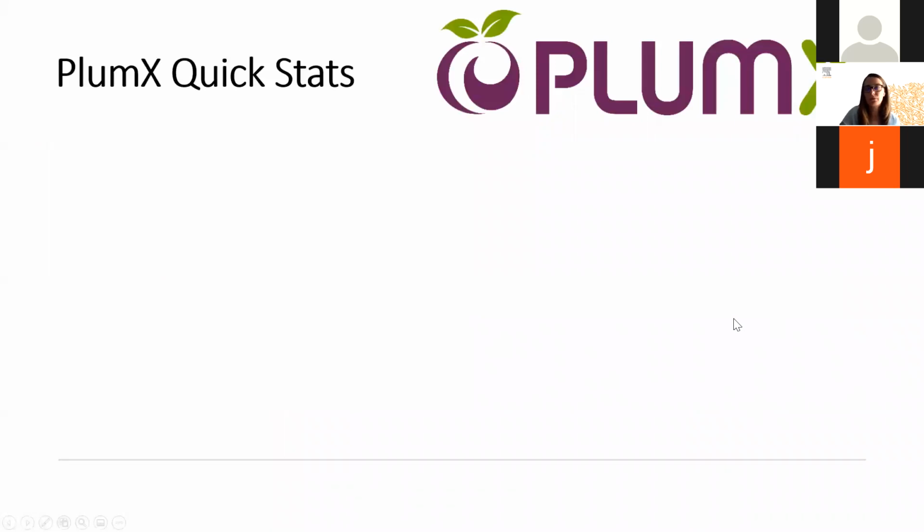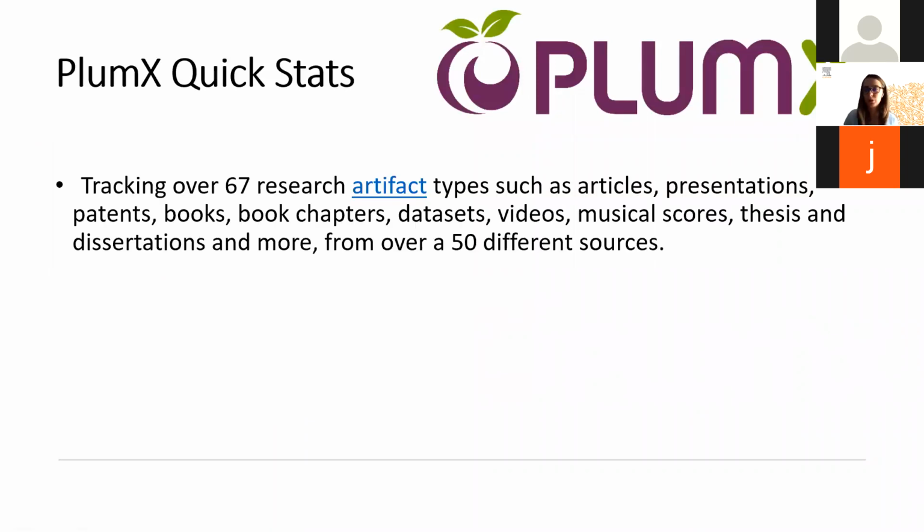So first, some quick information about what we can do with the PlumX metrics. It's tracking right now over 67 research artifacts. Artifacts means different types of research output.